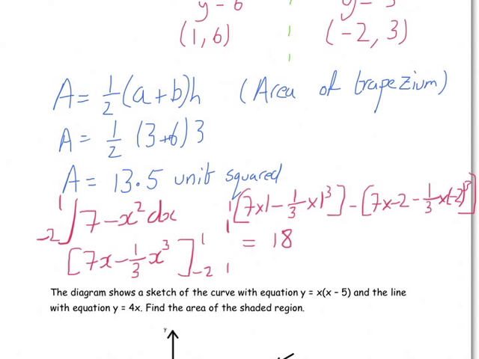So finally, our area enclosed between the curve and the line is our area under the curve subtracted by our area underneath the line, and we end up with a final area of the enclosed section as 4.5 square units.